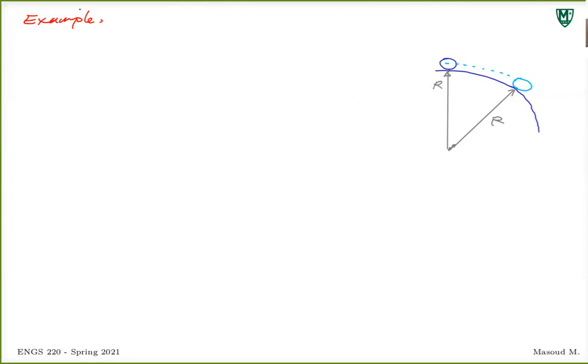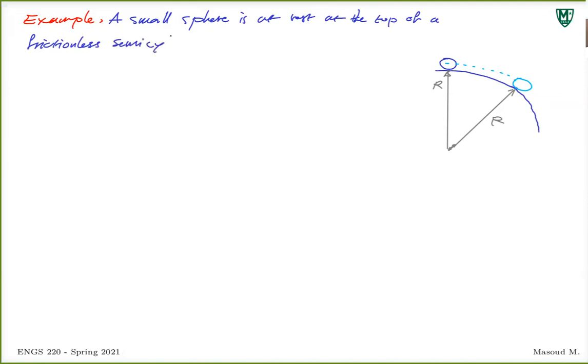Let me just put a few words. So let's write it this way. A small sphere is at rest at the top of a frictionless semi-cylindrical surface.